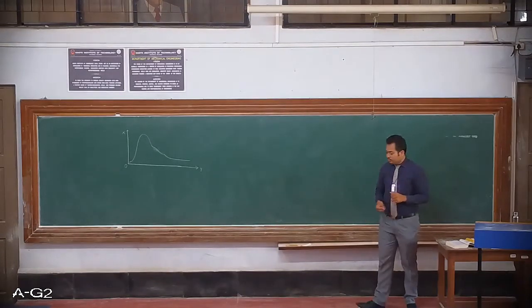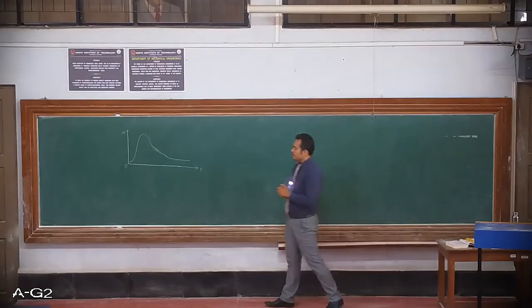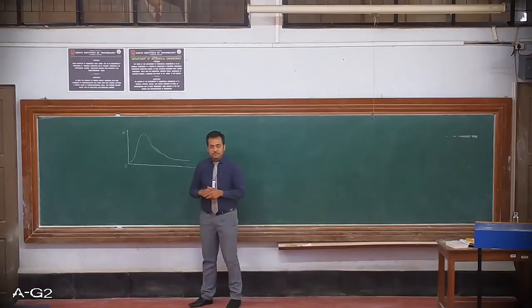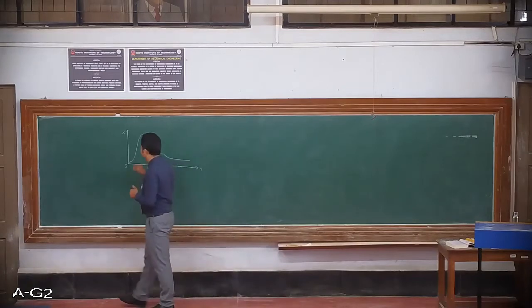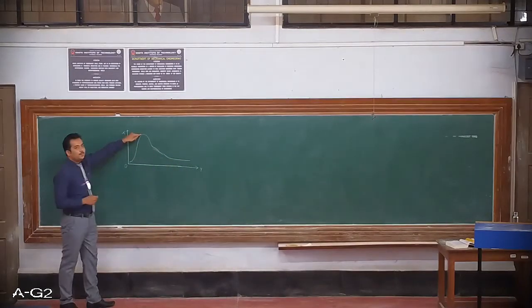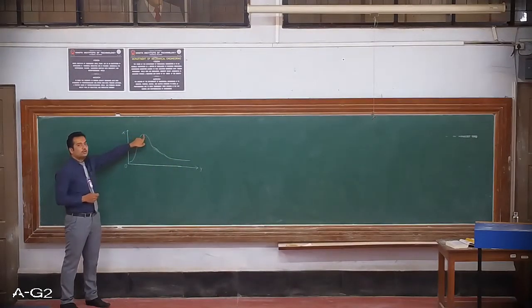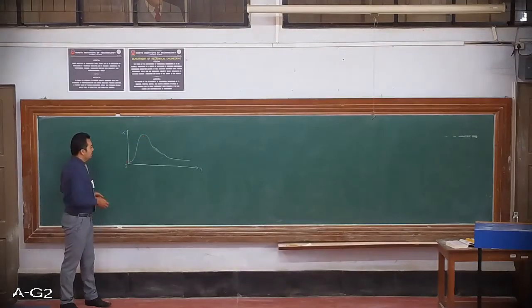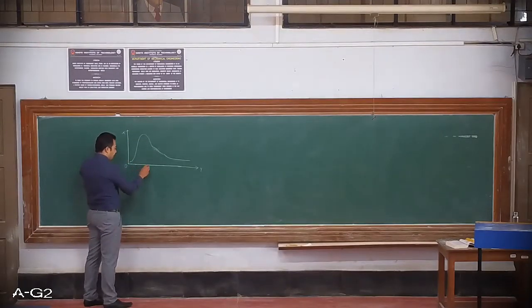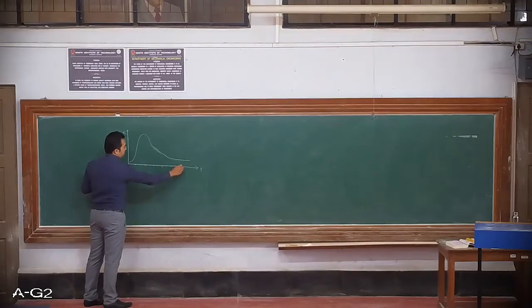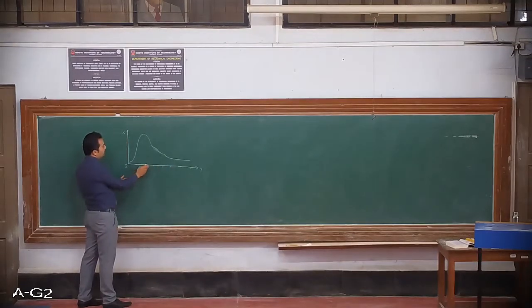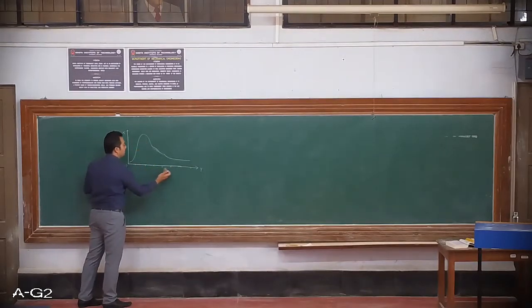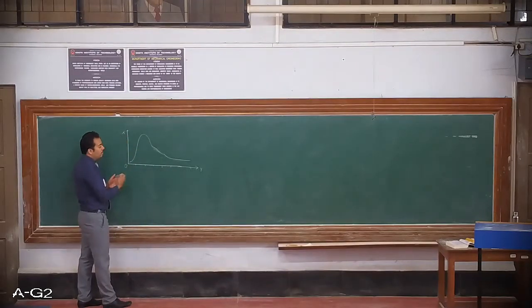Now we'll have a look at this example. Suppose this is the frequency graph I have drawn. You can see here, this is the peak. This is where you have got the maximum frequency. Suppose these are the class intervals we have. Then after the maximum frequency, there are again more classes.